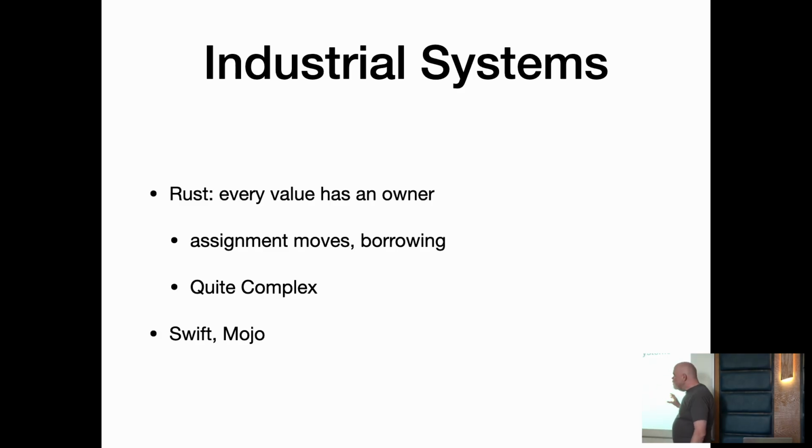But it gets quite complex in the details, and so I decided that I will not do an introduction to the Rust type system, but it is interesting. It's quite complex to work with, but the payoff seems to be quite high. Similar type systems are in Swift, and maybe now getting more famous in Mojo.